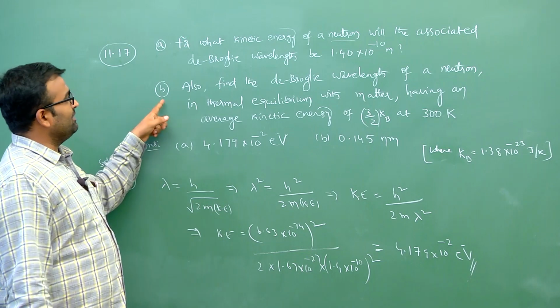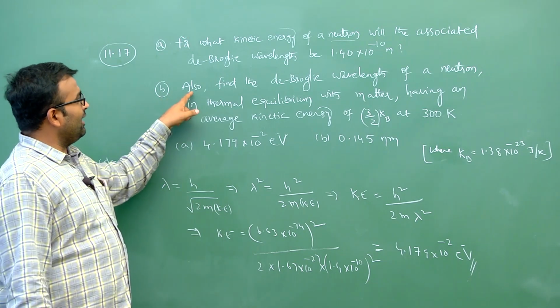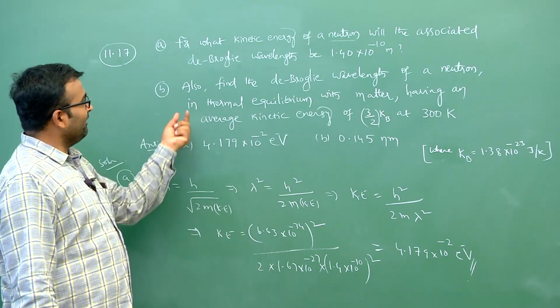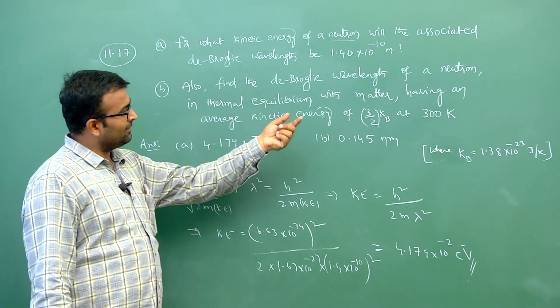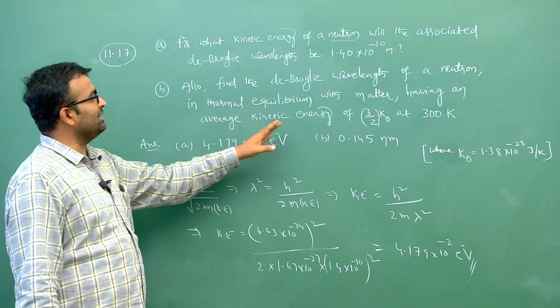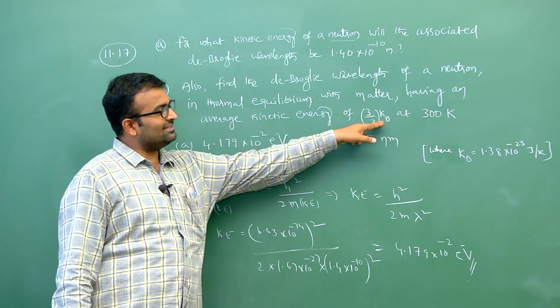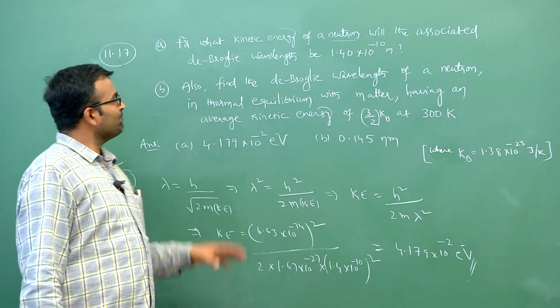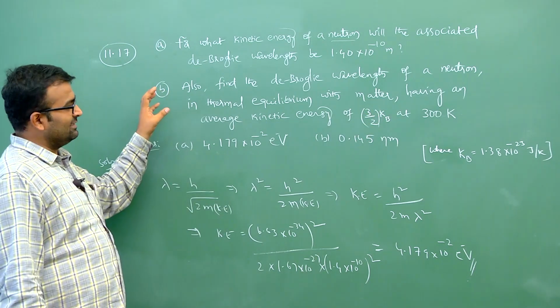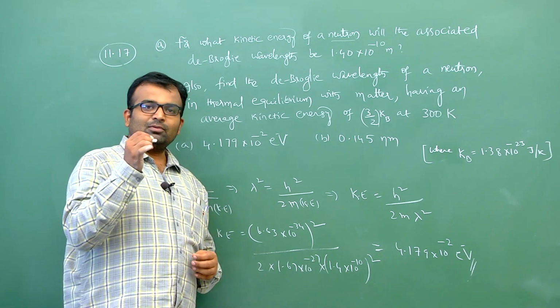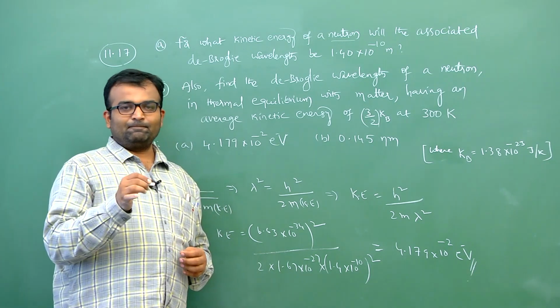And coming to question B, read here. Also find the de Broglie wavelength of a neutron in thermal equilibrium with matter, having an average kinetic energy of 3 by 2 times Boltzmann constant at 300 Kelvin. Here we need to focus a little bit more on question B. Actually, a neutron is a part of matter.